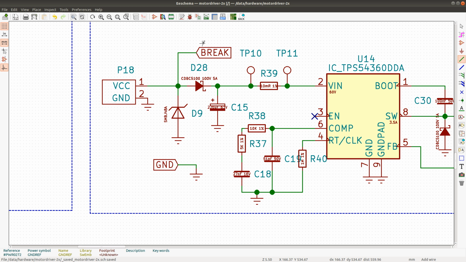In case the break is engaged, for example, then the supply voltage is shorted to ground over the break resistor.